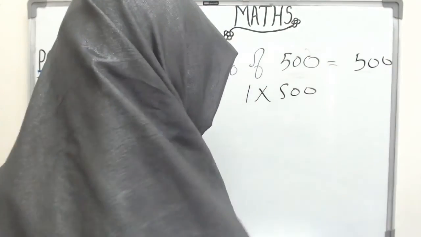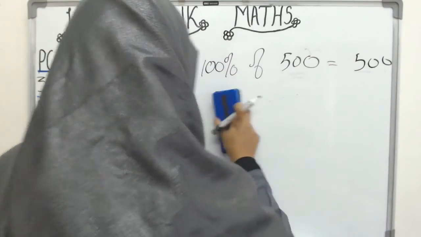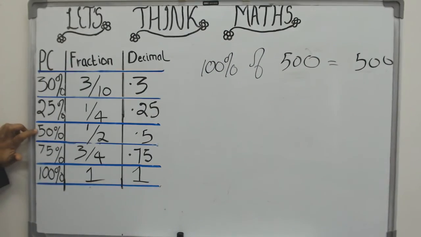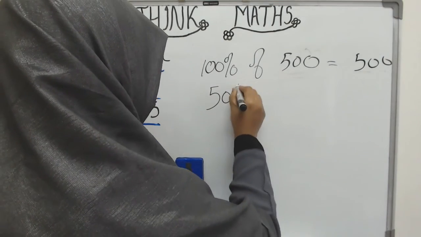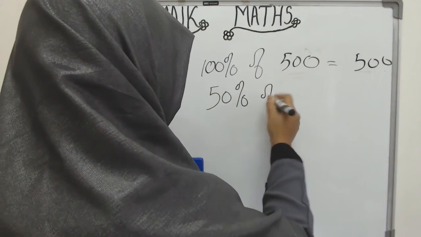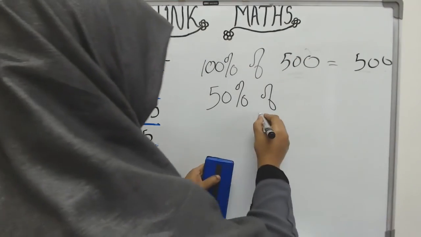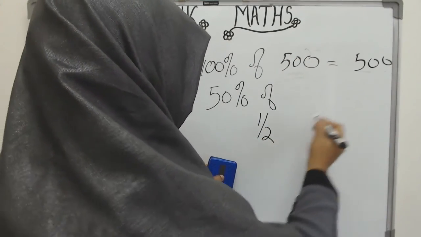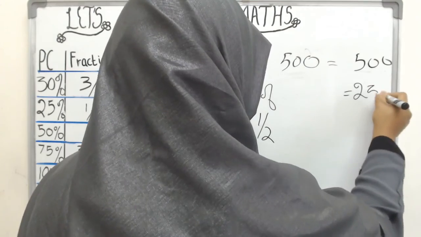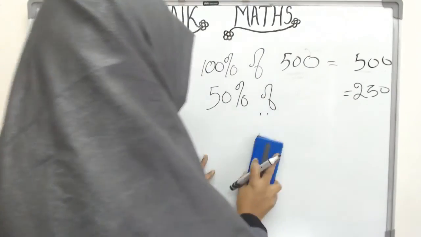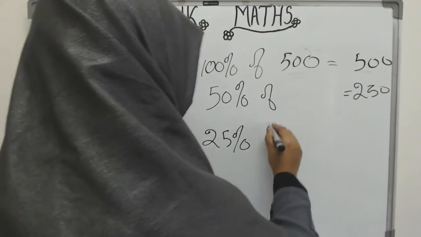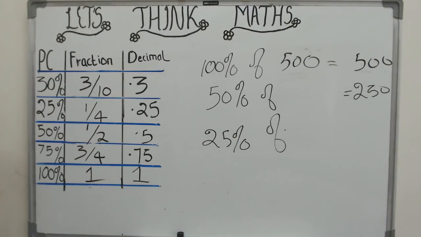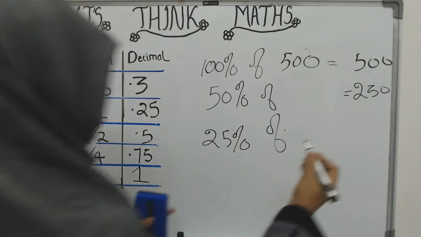So 100% of a number is the number itself. Now what is 50% of a number? See that? It is half. So when I say 50% of a number, I mean it is half of that number. I am just multiplying it by half. So that would be 250. What do I mean when I say 25% of a number? Multiply it by 1 by 4. So that's easy, right?